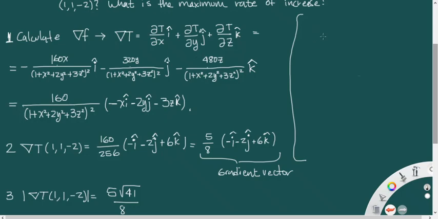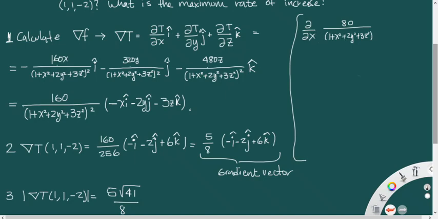Okay. So we need to calculate the partial derivative with respect to x of this function, which is 80 divided by, in this case, 1 plus x squared plus 2y squared plus 3z squared. Okay, and we want to know the partial derivative of this, which is this very first one, the one that we are going to work.